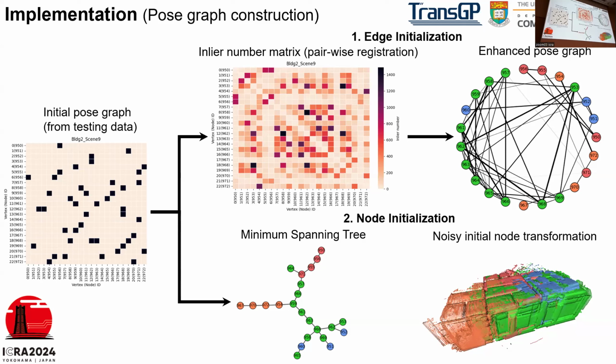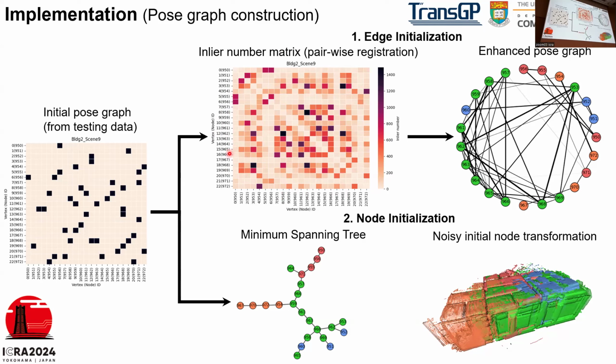For example, this is the inlier number matrix from the pairwise registration. We set a threshold on the inliers. If the inlier number between two scans is larger than this threshold, we will select it and generate an edge between them.